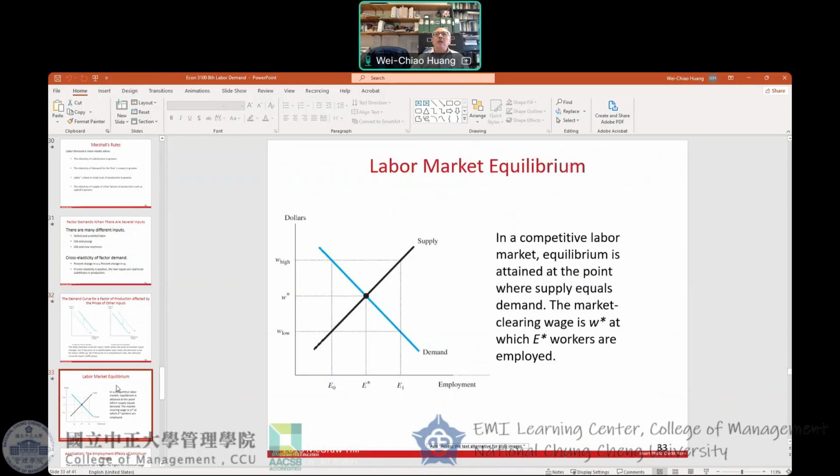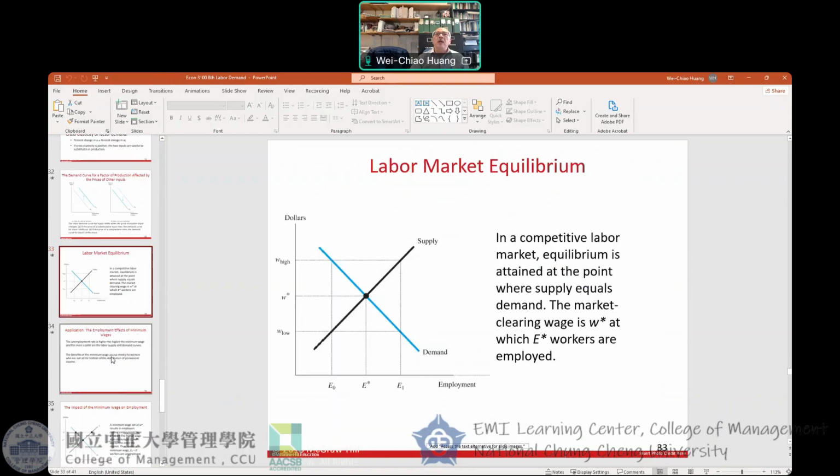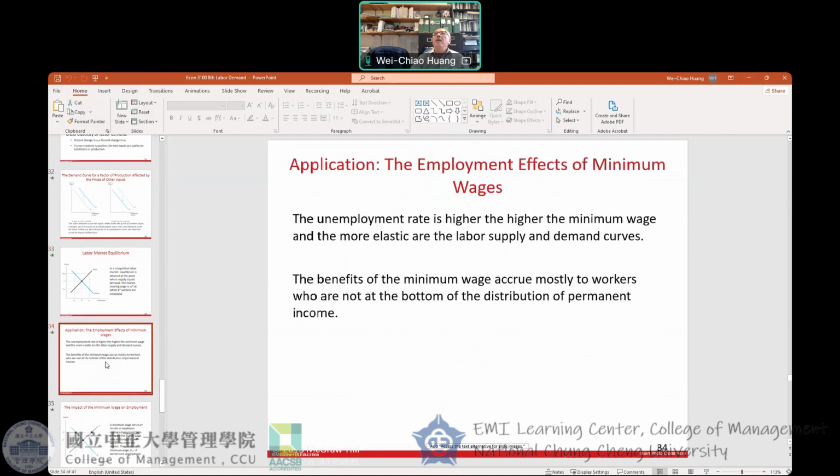And finally, we can introduce the concept of labor market equilibrium, which is basically when you combine supply and demand in the market, like this is the labor market, then we can arrive at the equilibrium wage W star and the equilibrium employment level E star, okay?